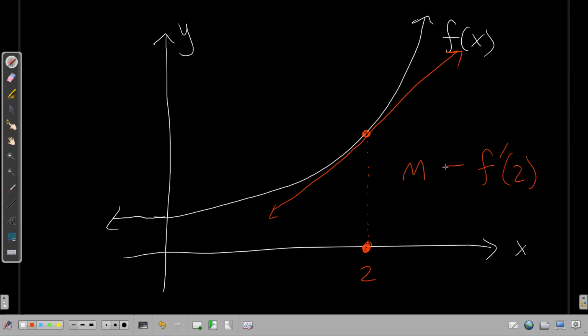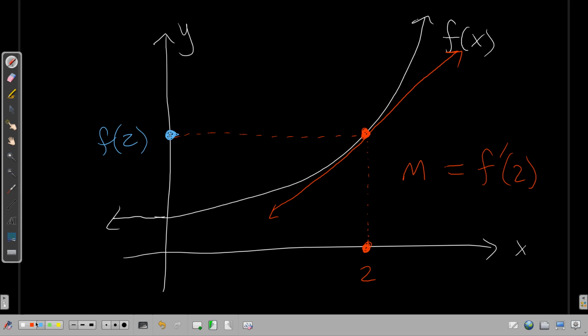So the slope of that line is f prime of 2. Okay? And the value that I'm getting on the y-axis right here, that's the number f of 2. It's just some y value.